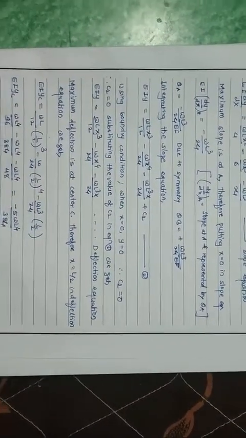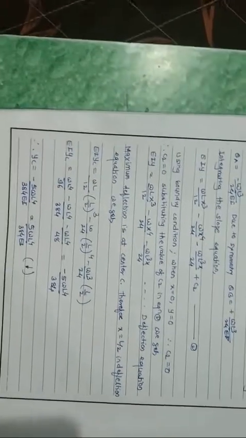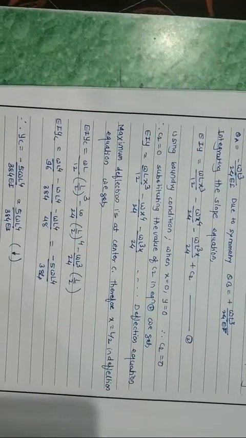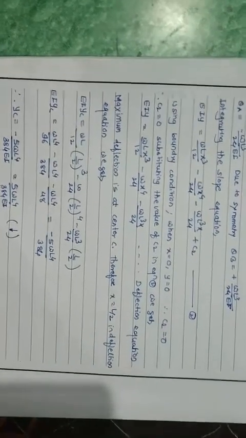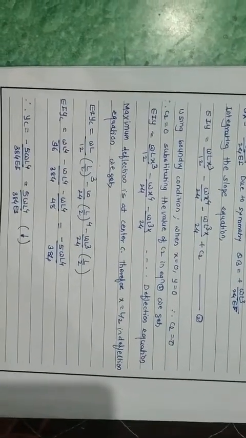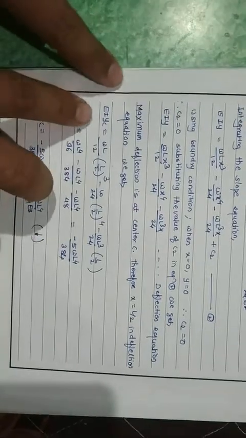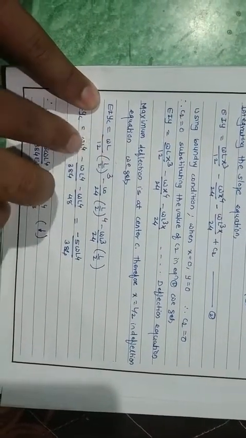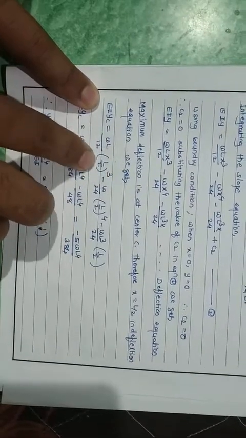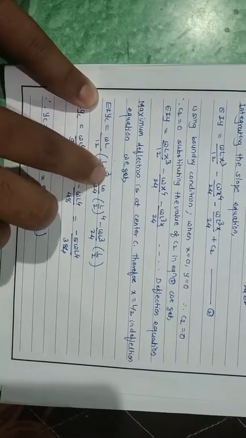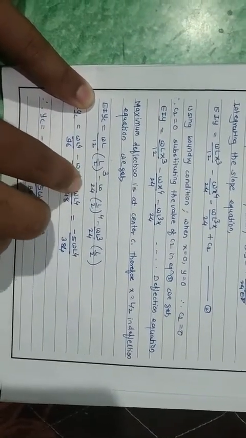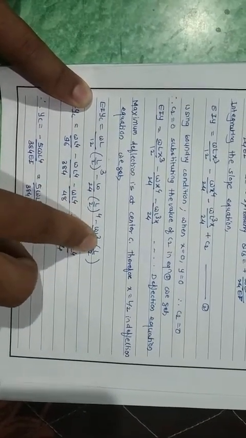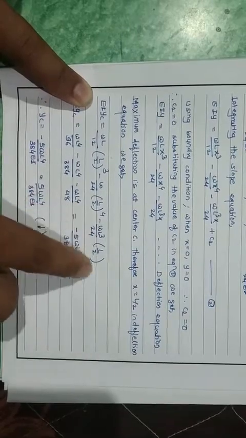This is the deflection equation. The maximum deflection is at the center, therefore we put x equal to L by 2 in the deflection equation. We get E I yc equals W L divided by 12 into (L by 2) cube, minus W divided by 24 into (L by 2) raised to 4, minus W L cube divided by 24 into L by 2.